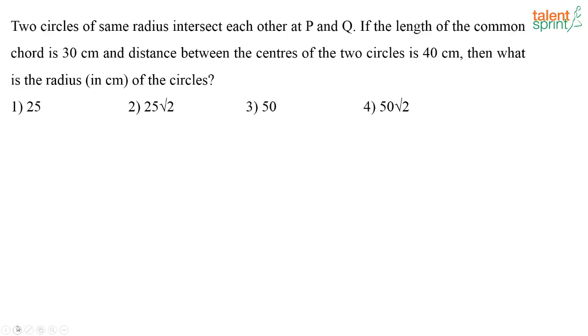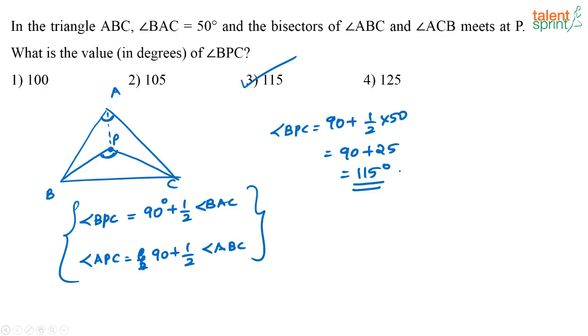See, let us say you don't know this property, you have never come across this at all. How will you solve it? So here A, B and C. Now if this is angle x, this is also equal to angle x. If this is y, this is also equal to angle y.